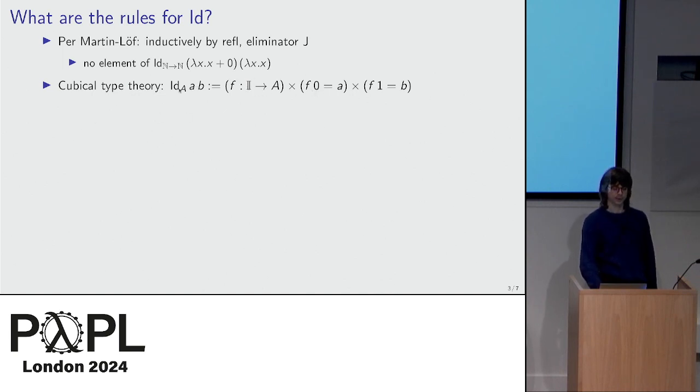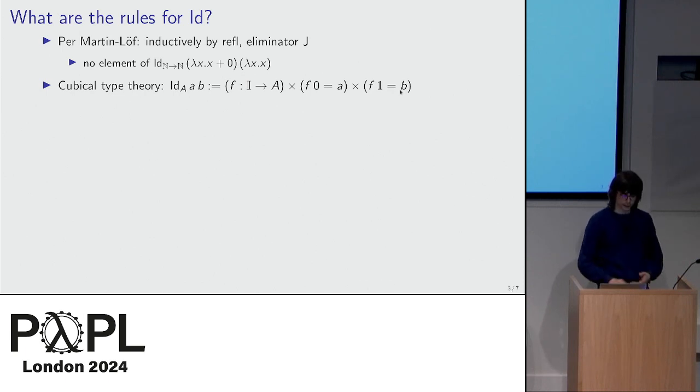And then you can say that two elements A and B are equal if there's a map from the interval to A, such that that map maps the starting point 0 to A, and it maps the endpoint 1 to B.